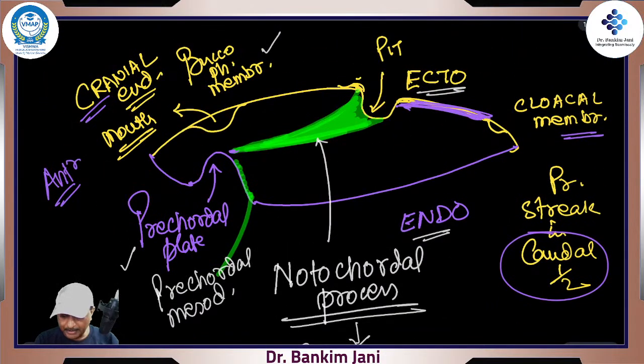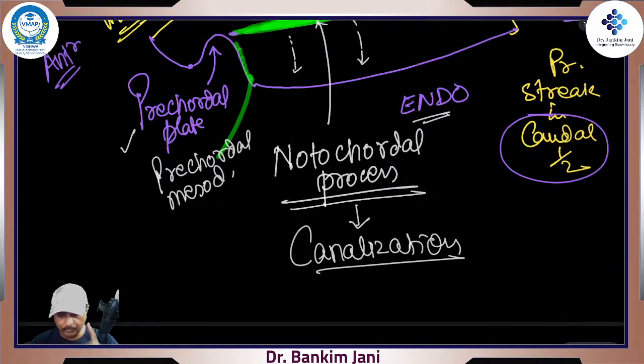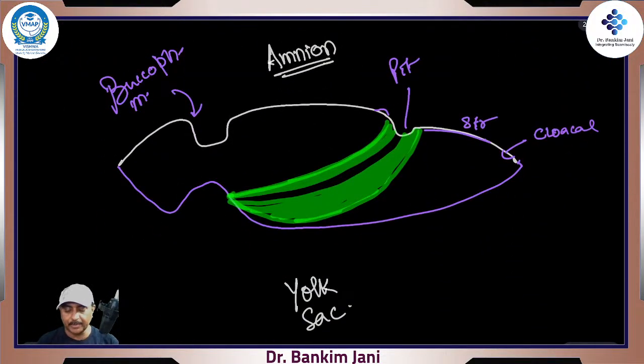This is ectoderm, this is endoderm. As the canalization occurs, this whole unit starts coming down. Very important thing. It starts coming down. So it has developed this canal, and it is coming towards the endoderm.